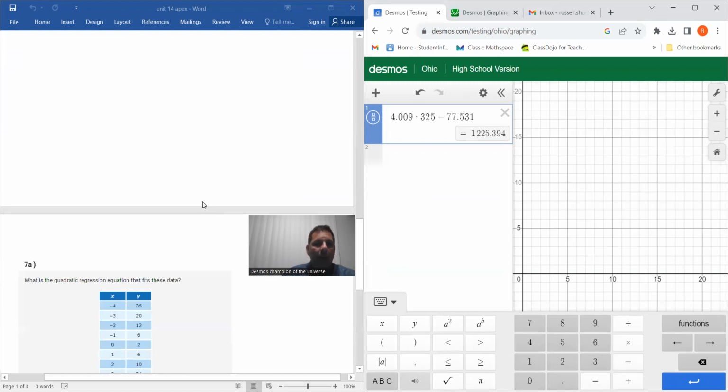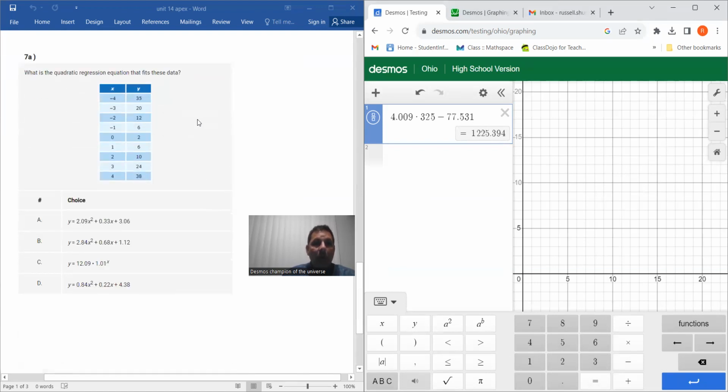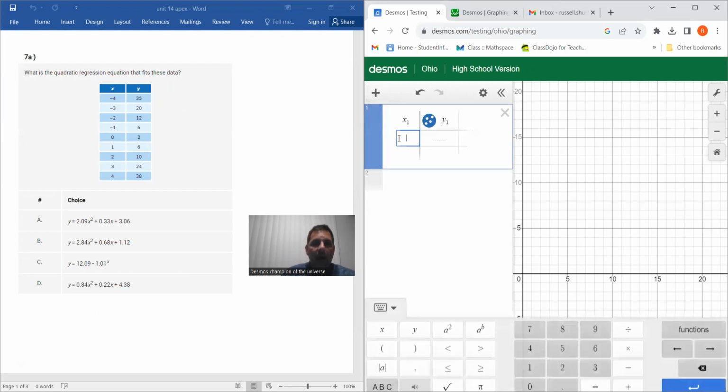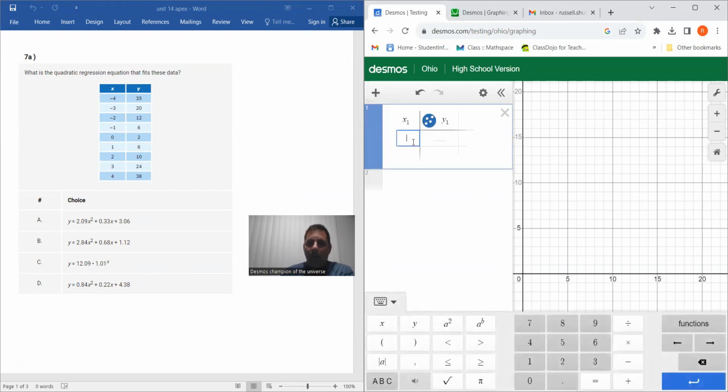1225. Now what's really nice, Desmos will also do quadratics and exponentials. So let's demonstrate a quadratic one for you real quick. Again, we're going to put in a table. We're going to put in our numbers: -4, -3, -2. You don't necessarily have to do all the x's first and then all the y's.